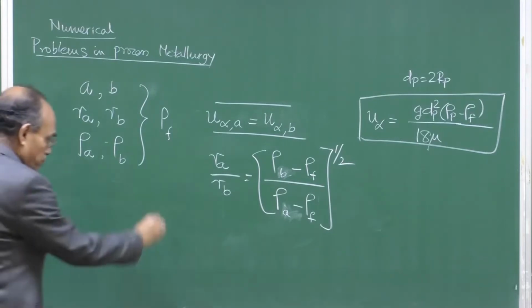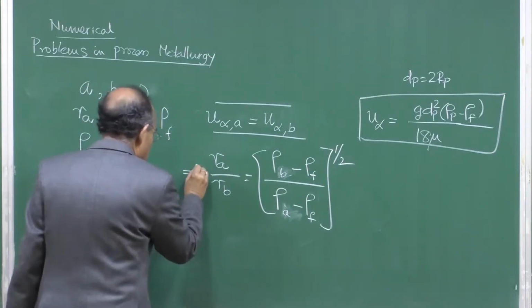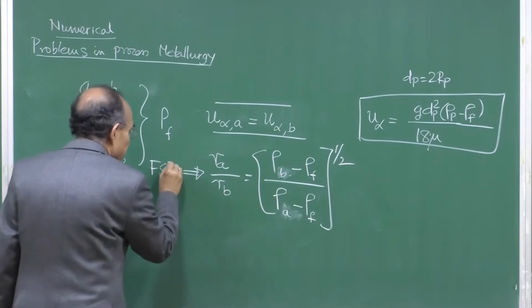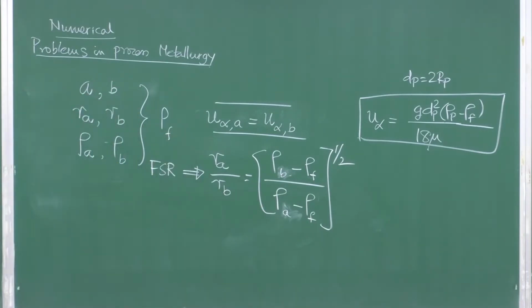And this ratio is called the free settling ratio.